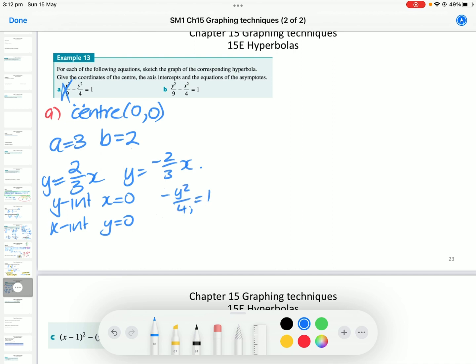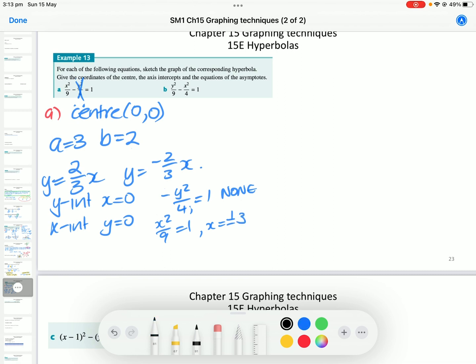So that tells me that minus y squared is 4. That's not going to work. That means that there's none, because there's no solution for that. You're never going to get an answer there where, if you rearrange, you get y squared has to be a negative. The x-intercept when y is 0, so that's this one. That's when we're going to get x squared on 9 equals 1. So x squared is 9, x is plus or minus 3.